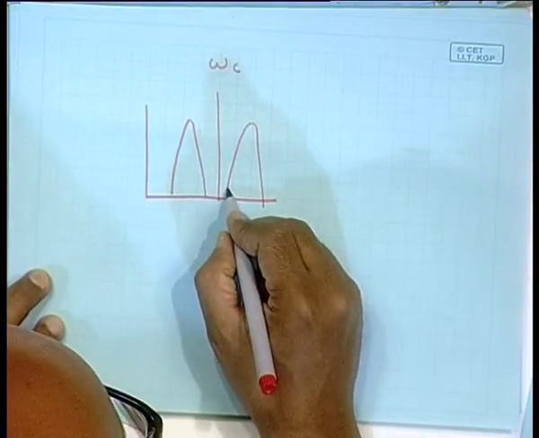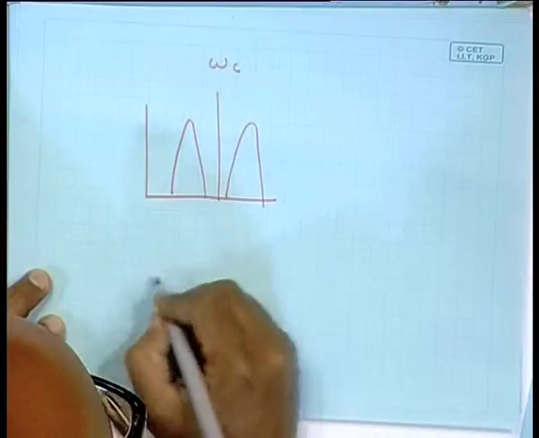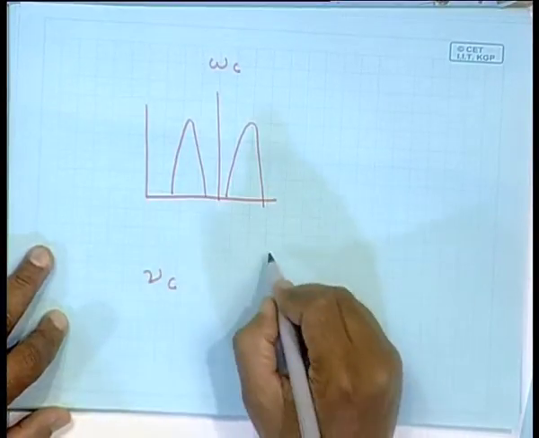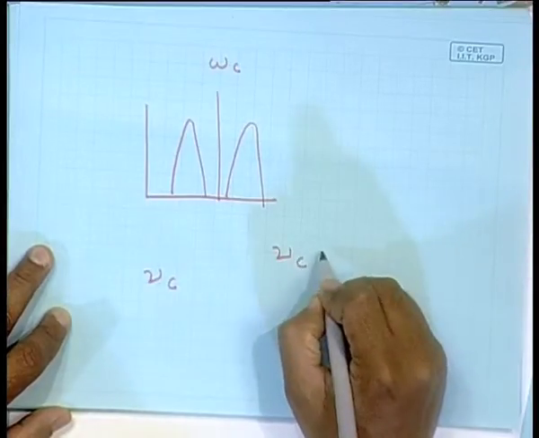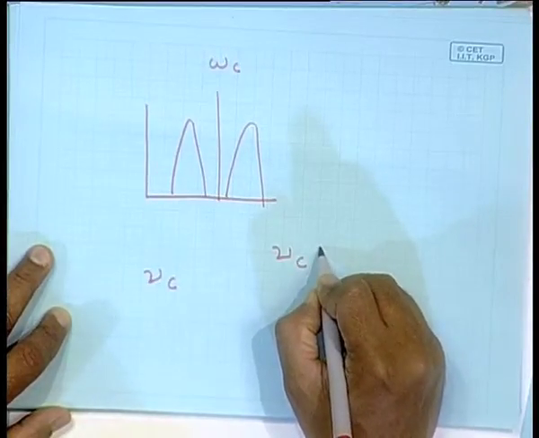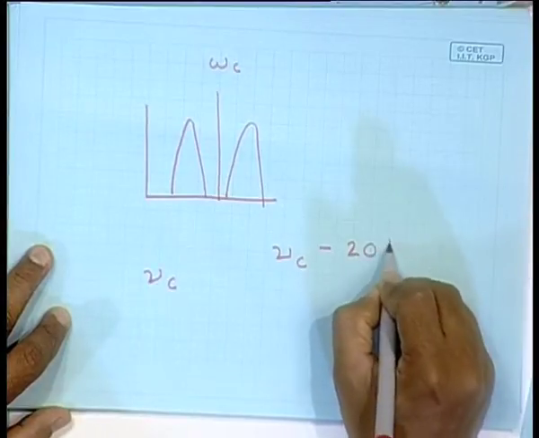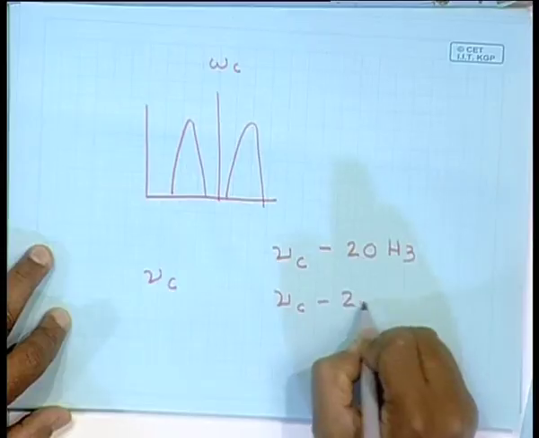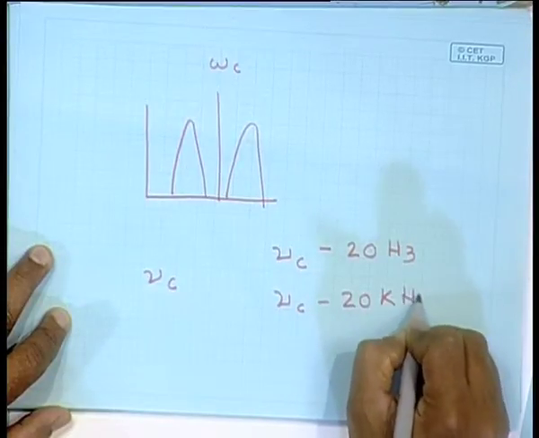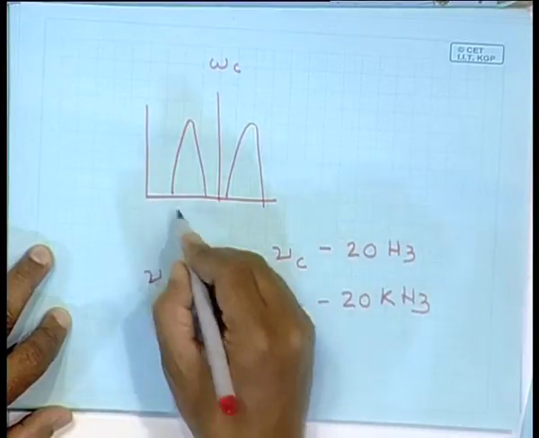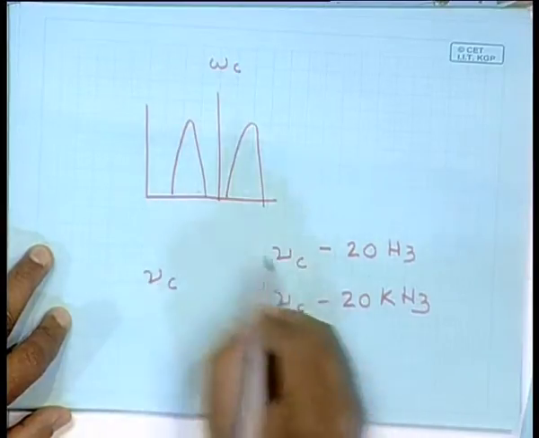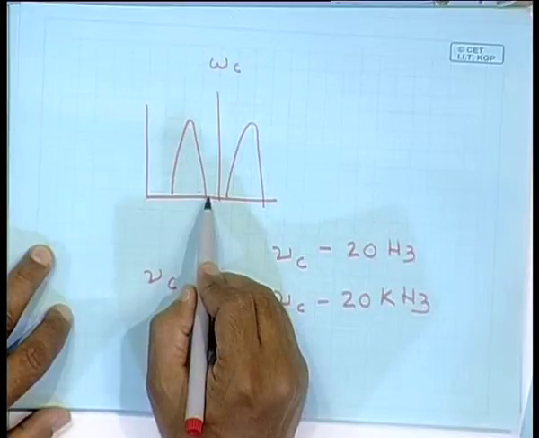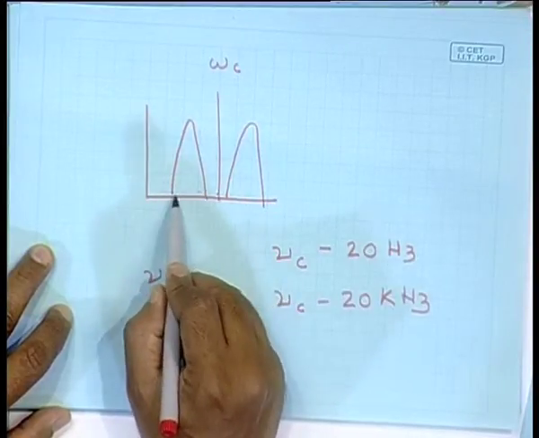If I work in terms of nu carrier, the carrier frequency is nu c. The sidebands are going to be from nu c minus 20 hertz to nu c minus 20 kilohertz on one side, and so this band over here is going to span from the carrier frequency minus 20 hertz to the carrier frequency minus 20 kilohertz.